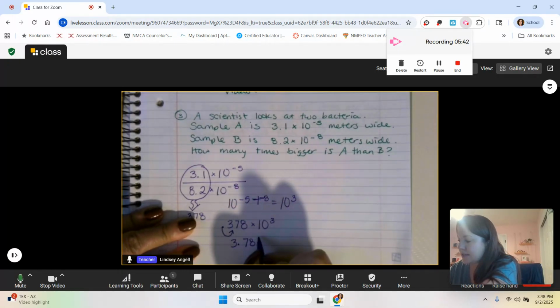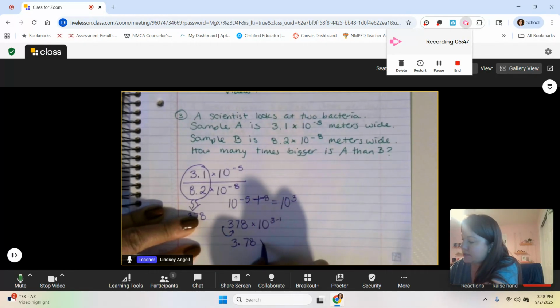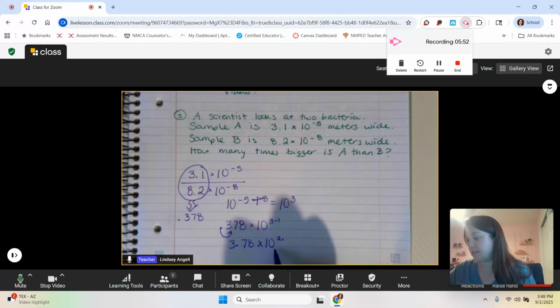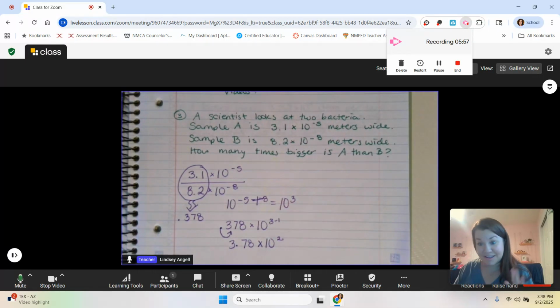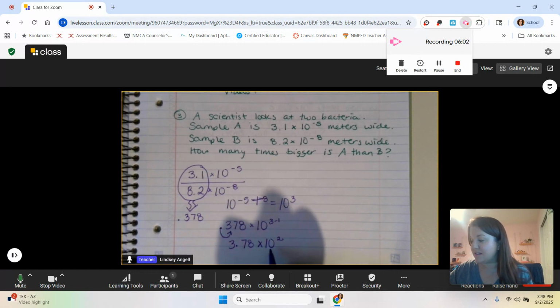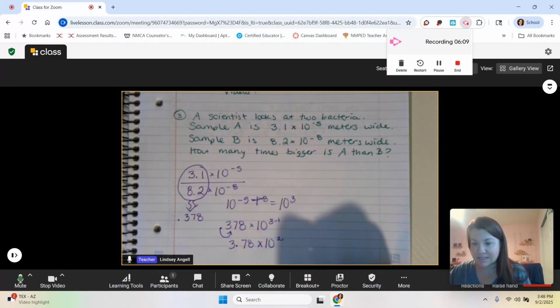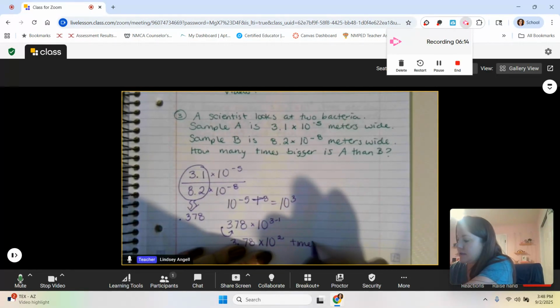Then we need to take one away from our exponent, giving us 3.78 times 10 to the second. If we wanted to, we could leave it like this, or we could also move our decimal 2 spots to the right to get 378 as our final answer. But we could leave it like this to be times bigger.